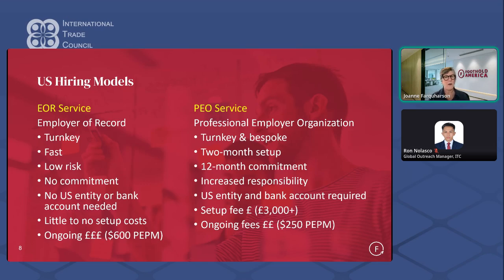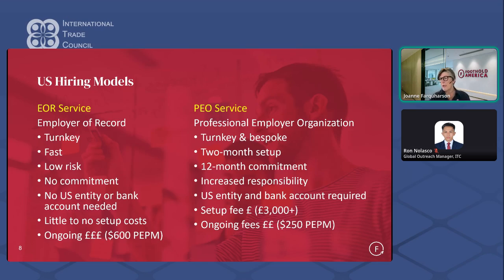So you have more control over how you manage your US workforce, but you also have responsibilities, because you will have to be paying the taxes directly to the different states from your US entity. The PEO relationship helps you manage that, but there is still more responsibility.